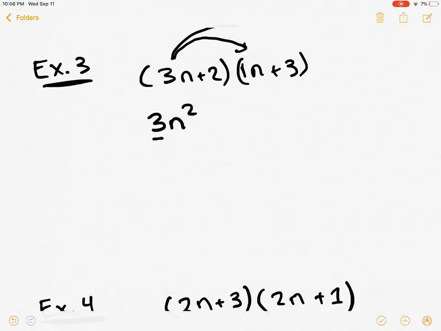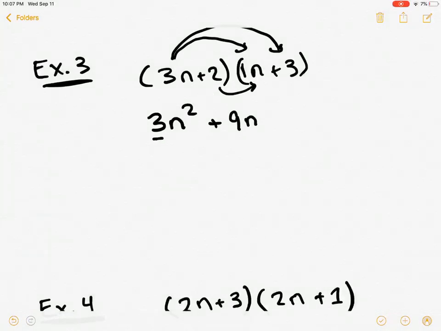Continuing on with FOIL, we multiply the outside terms together, 3n times positive 3. Multiplying your coefficients, 3 times 3 gives you a positive 9, and then your variable term here is 1n, or n. So we have a positive 9n as our second term.